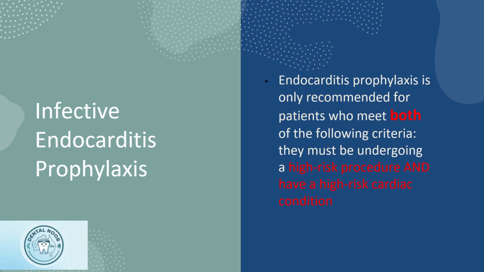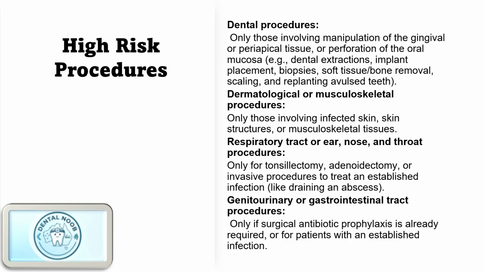That's ticked off. And then the second one: does the patient have a high risk cardiac condition? When you tick both these things in your head, then only the patient is a suitable candidate for antibiotic prophylaxis. I hope this is clear information.